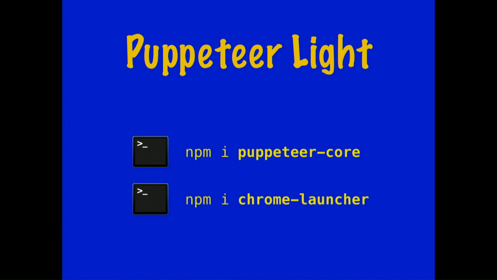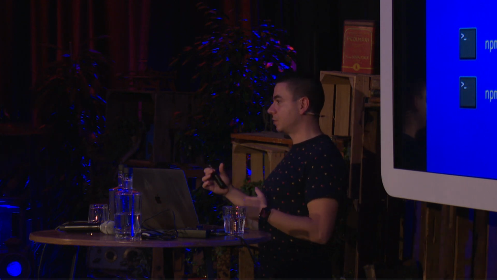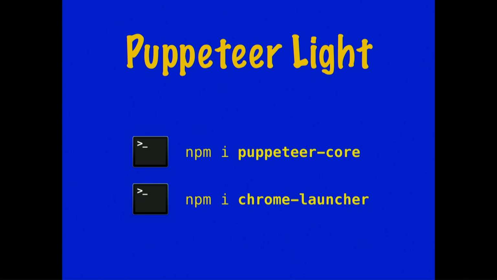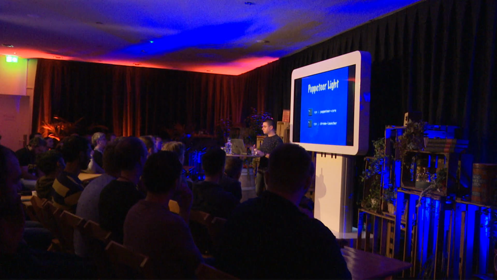I would like to coin this term that I used, Puppeteer Lite, because Puppeteer by default uses a download-first approach. It downloads the whole bundle. What I would like to do is skip the download if necessary, and only download it if the browser does not exist in your system.